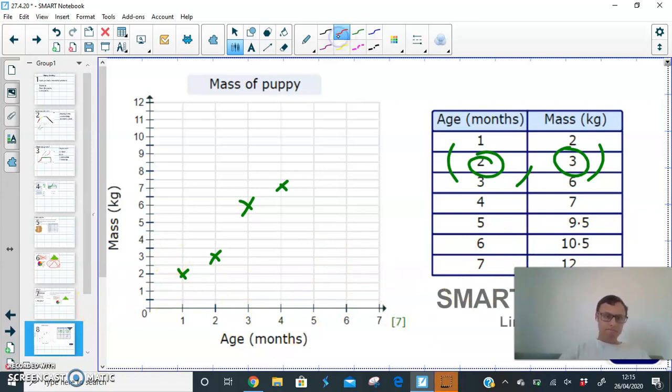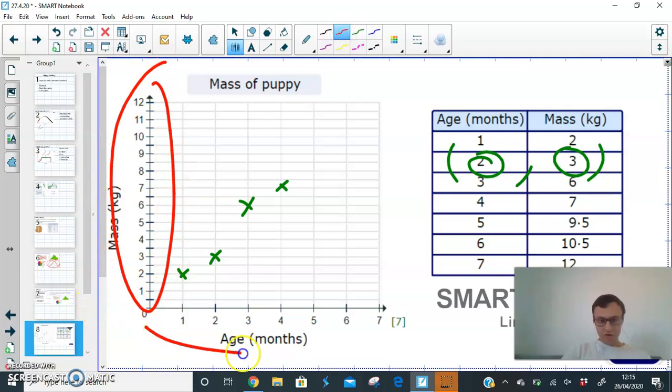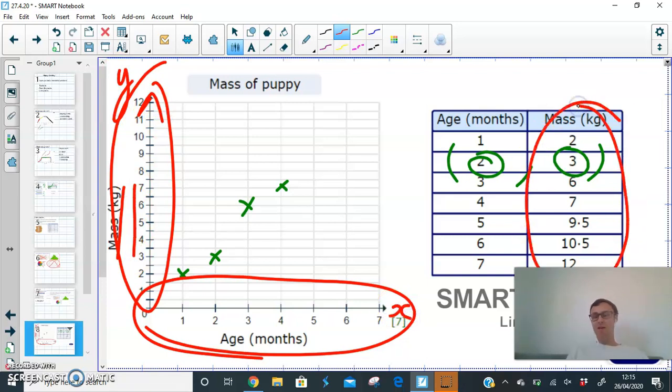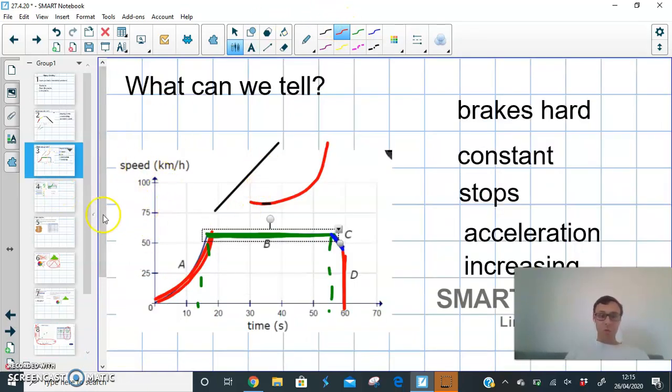Pointing out as well, just to develop your science ability, when we're choosing which axis has which piece of data, usually the y-axis is the data you're measuring. So in this case, we're measuring how heavy the dog is, okay, how heavy the puppy is. When we go back here, we were measuring the speed, so it was on the y-axis.